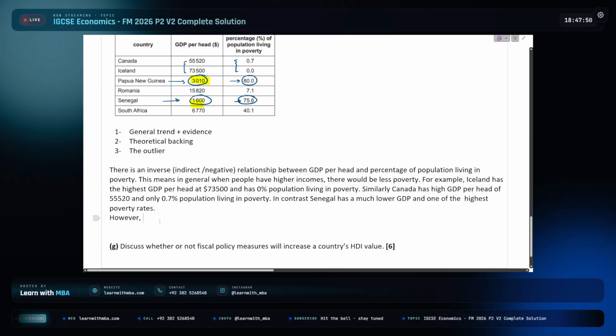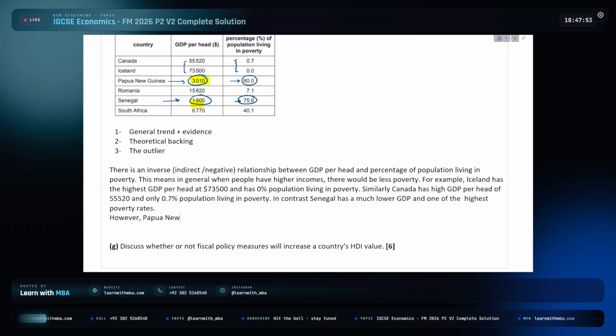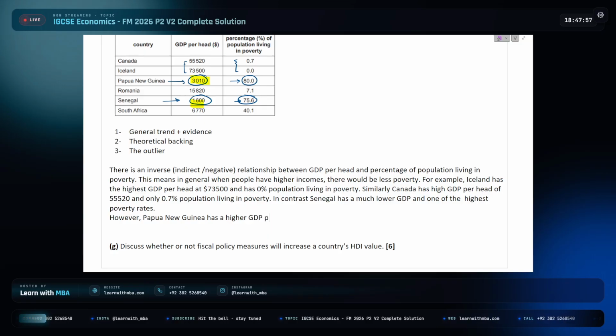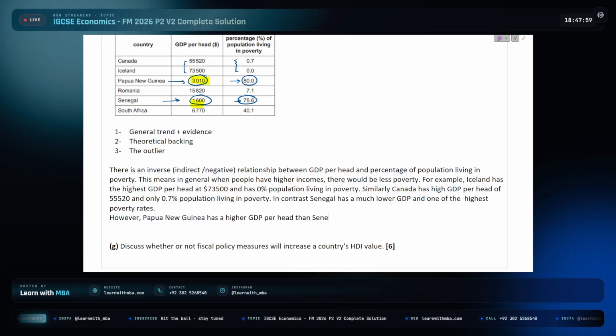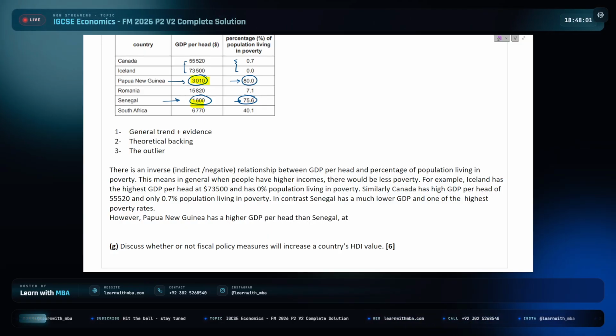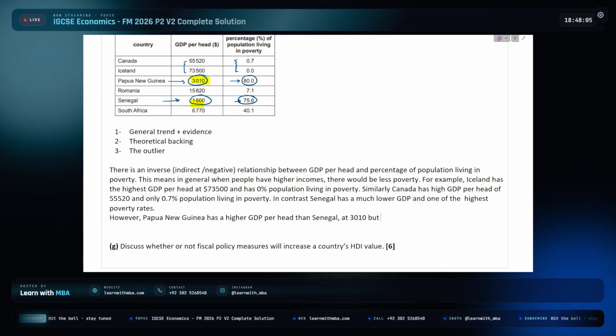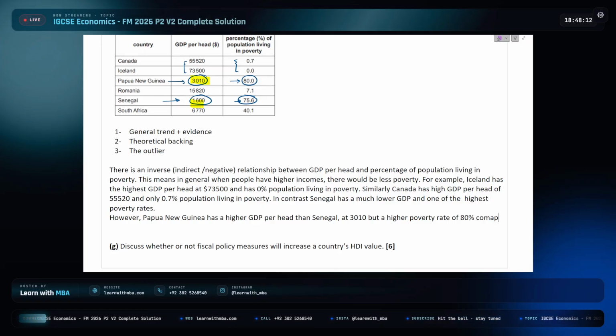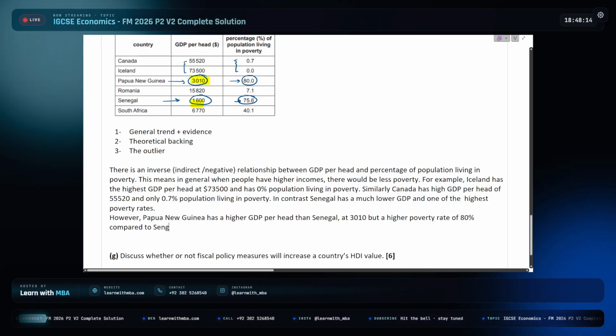So you can say, however, Papua New Guinea has a higher GDP per head than Senegal at $3,010 per head, but a higher poverty rate of 80% compared to Senegal, right?